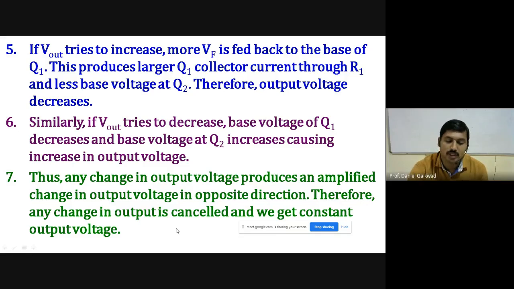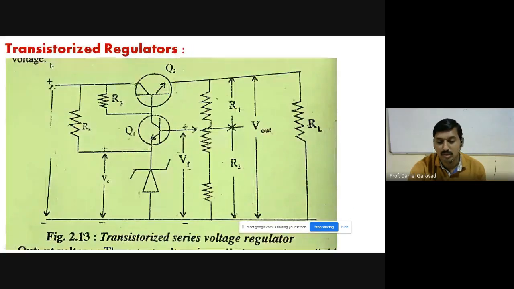Therefore any change in output is cancelled and we get constant output voltage. If voltage increases, it is balanced by the increase in the opposite direction, so the overall voltage remains constant. This is the working of the transistorized regulator.